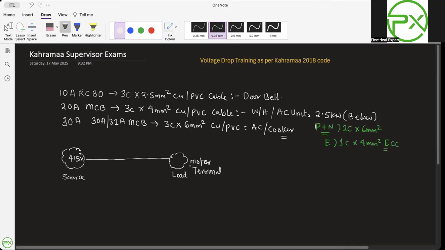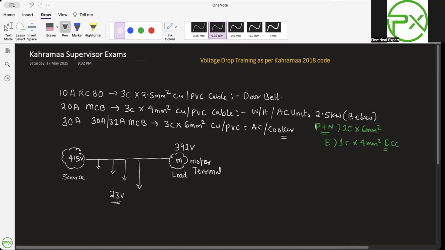Now, if I measure my voltage here with my voltmeter, and I'm getting like 392 volts, it means there's a drop here from the source to the load. It means I've dropped around 23 volts.